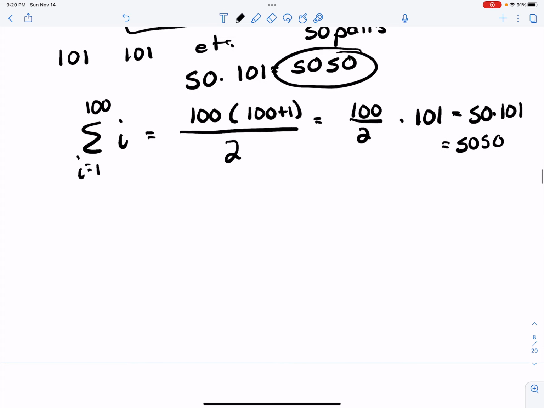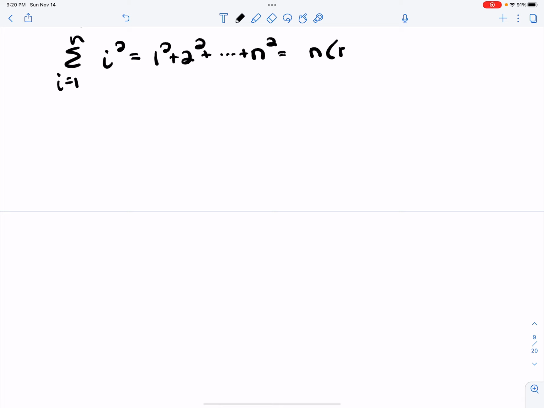Okay, another summation rule, as promised. There's 2 more I'm going to show you. The sum from i equals 1 to n of i squared, so that's 1 squared plus 2 squared, all the way down to n squared. You can do n times n plus 1 times 2n plus 1 over 6.